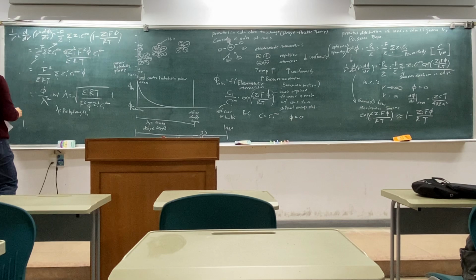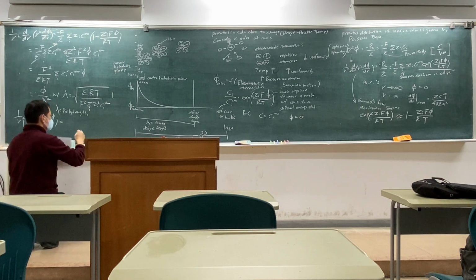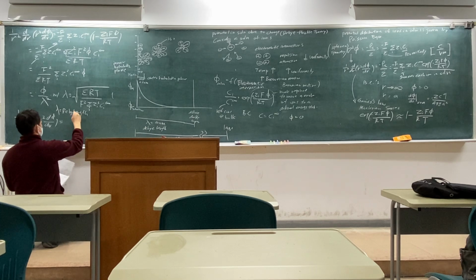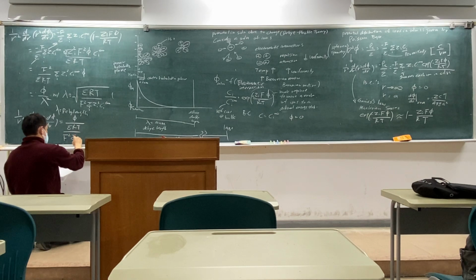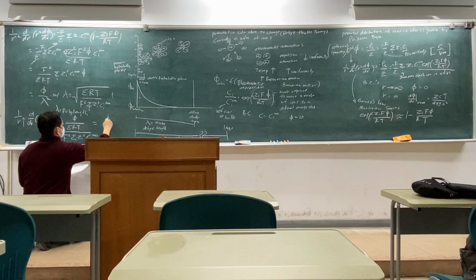So you have this, so 1 over r squared d dr r squared d dr is equal to V over lambda squared, which is equal to epsilon RT over F squared times the sum, which is equal to V over lambda squared.